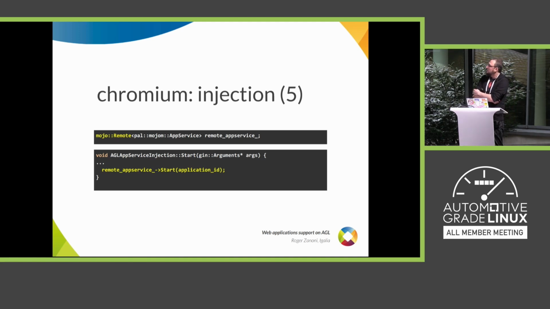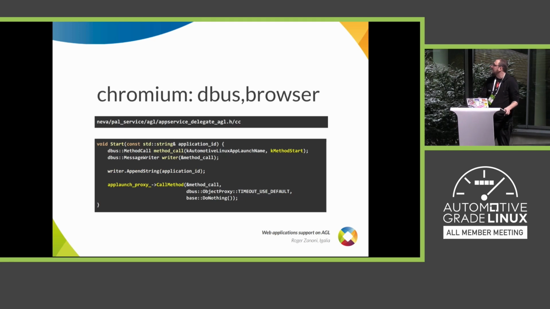And this call on the render process will be serialized, transferred to the browser process, deserialized, executed, and the browser will return some value to the render process. And on the browser process is where actually the communication with app launchd happens.